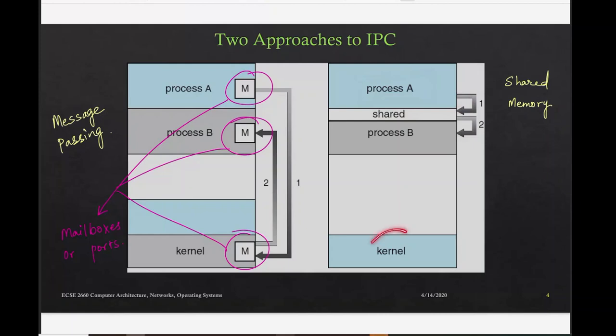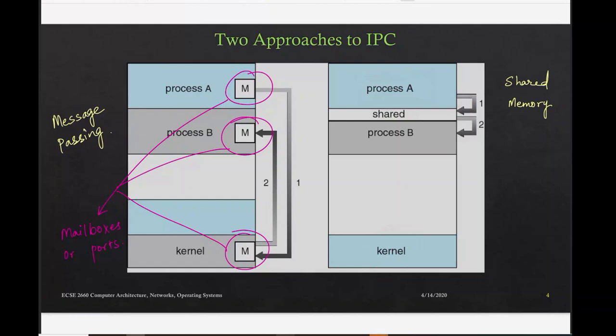And the kernel is not involved in this case. So this is the reason why the shared memory approach to IPC is much faster, because the kernel is not involved. And this is a good option for cases in which you have large amounts of data to be sent from one process to the other.